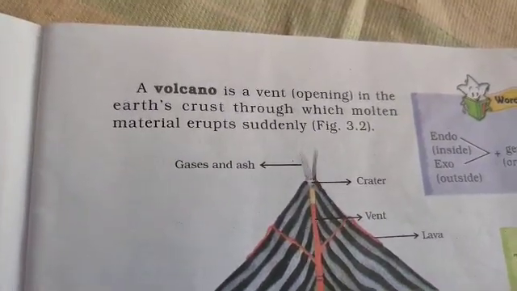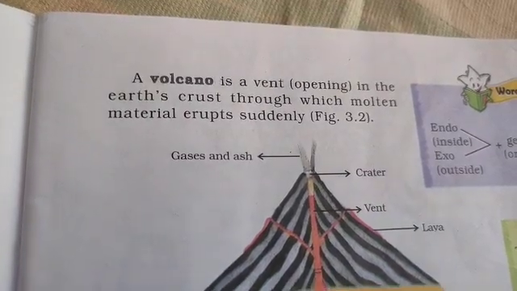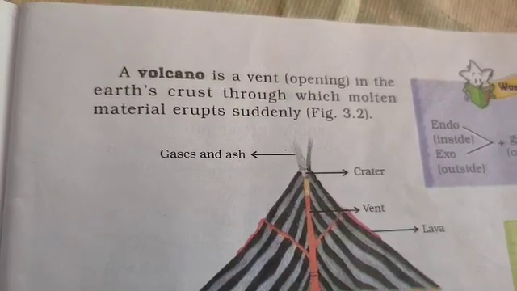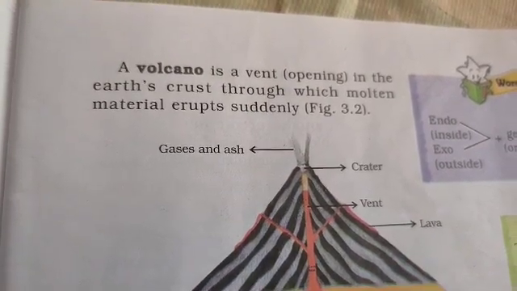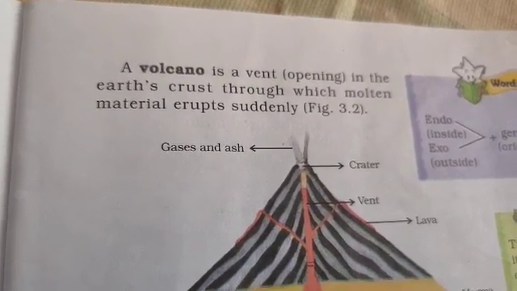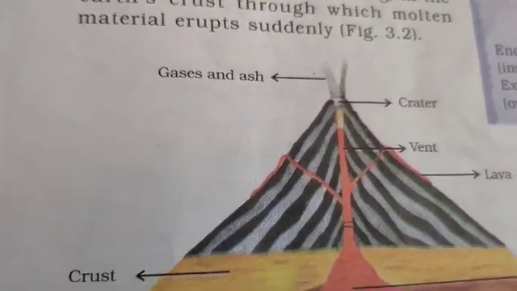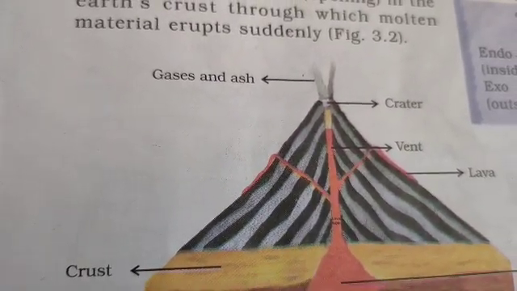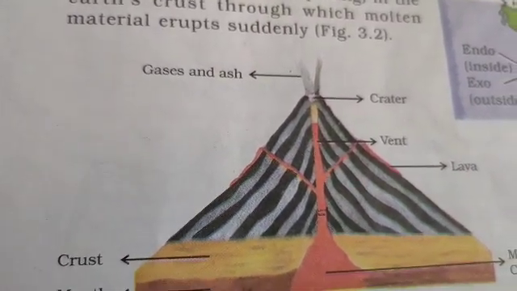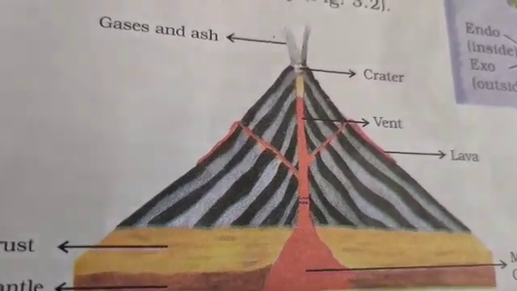First one, volcano. A volcano is a vent, which is an opening in the earth crust, through which molten material erupts suddenly. Erupts means which comes out from the earth. So at the top, the gases and the ash are coming out from a particular point, and that particular point on the earth is called the crater.